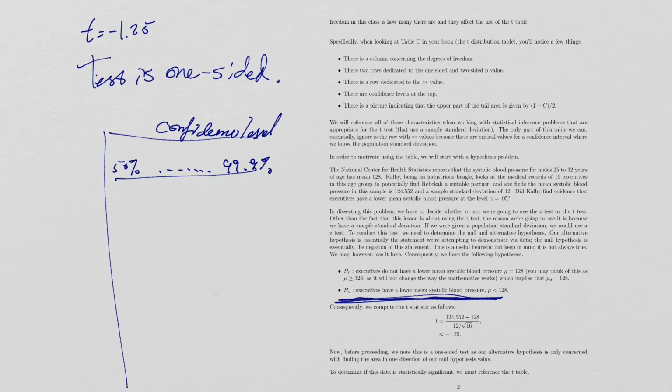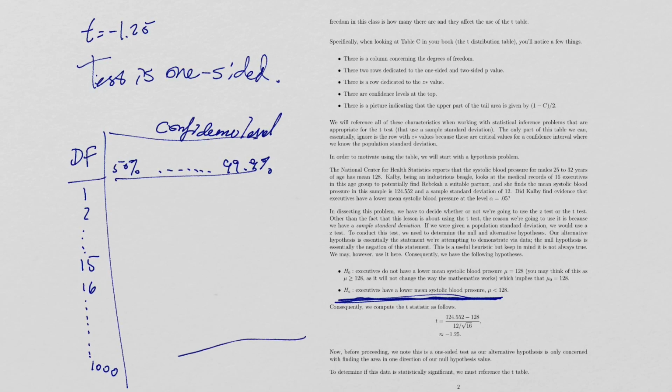You'll see, I'm just going to abbreviate degrees of freedom as DF. 1, 2, dot dot dot, I'm going to include 15 and 16, dot dot dot. This goes all the way to 1,000.